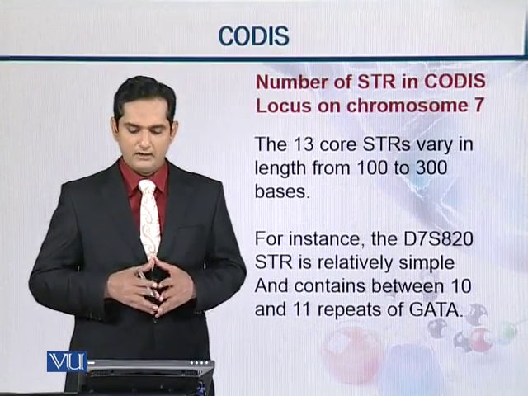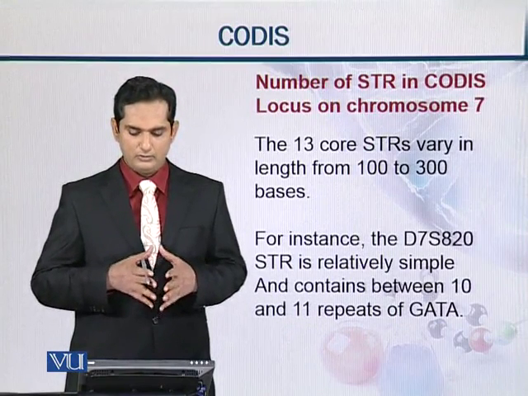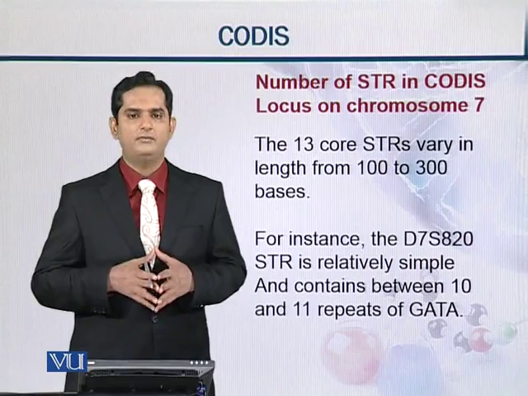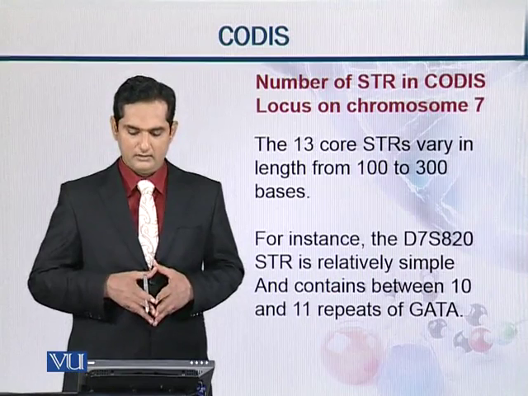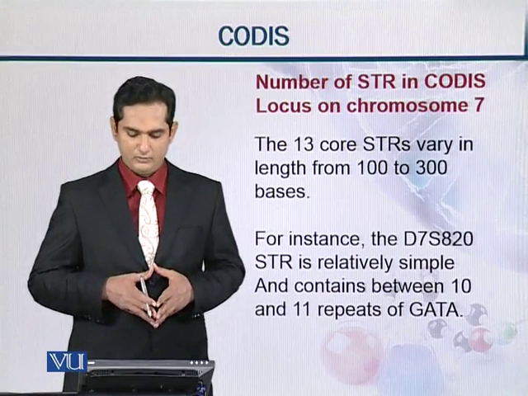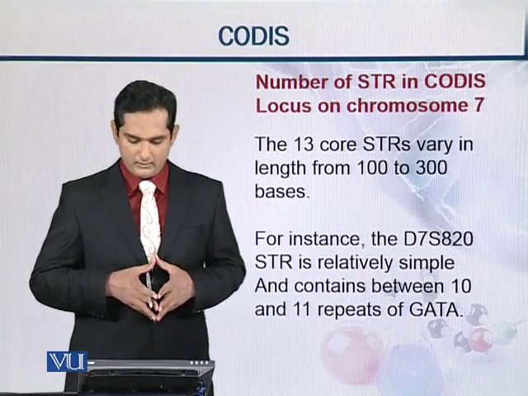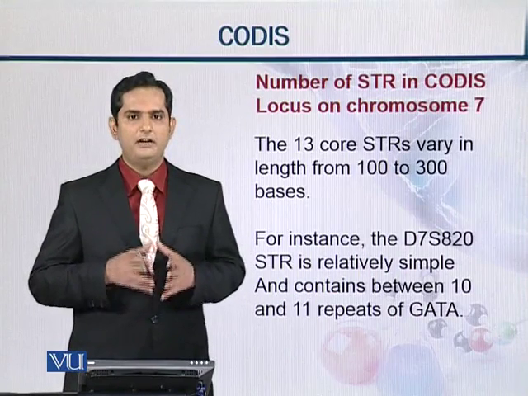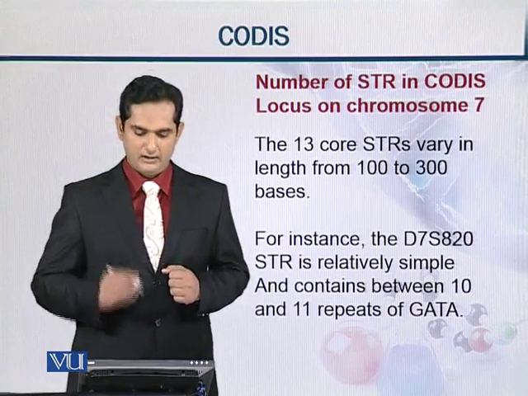The number of STRs in CODIS are loci on chromosomes, for example chromosome 7. The 13 core STRs vary in length from 100 to 300 bases. For instance, D7S820, which is a short tandem repeat, is very simple and contains roughly 10 to 11 repeats.